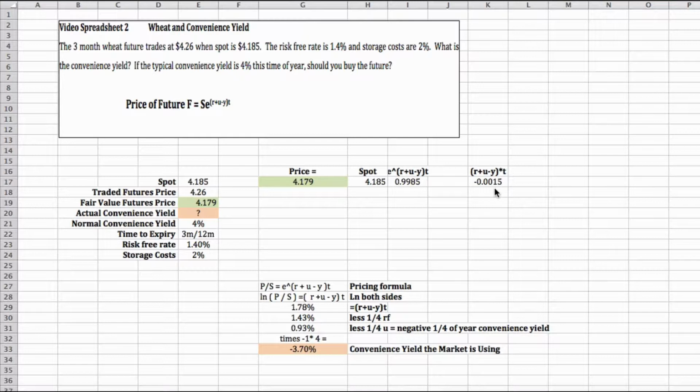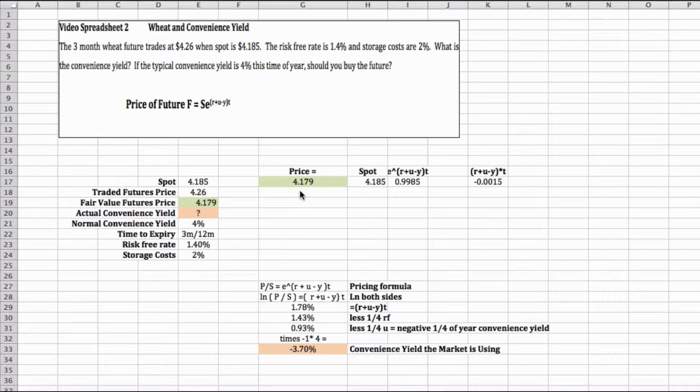So over here, I've got my risk-free 1.4, storage cost plus 2, minus the positive 4% convenience yield. Have a negative sum. Raise that to the power for the portion of the year. It's a 3-month future, so it's 1/4 of a year. And you'll get 99.85% of whatever spot is. So the fair value pricing, 417 and 9/10.